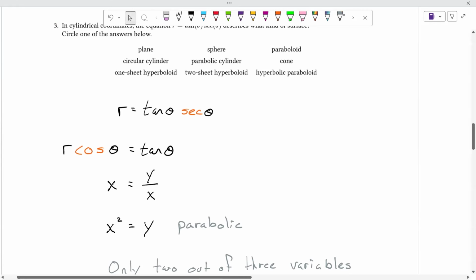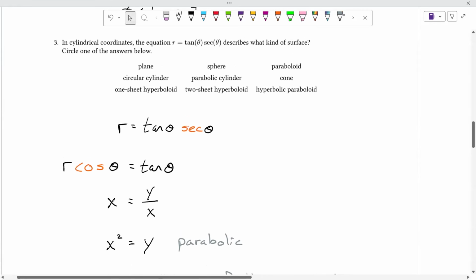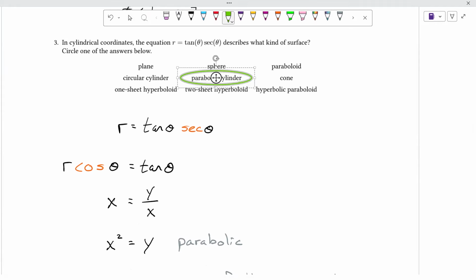And I can also see that from the beginning, because my original equation had nothing to do with z, even though it was in cylindrical coordinates. It's in cylindrical coordinates, but I only used the parameters r and theta. So I probably could have guessed from the beginning that this thing was cylindrical. And from actually solving the trig equation, I got that it was parabolic. So, parabolic cylinder.